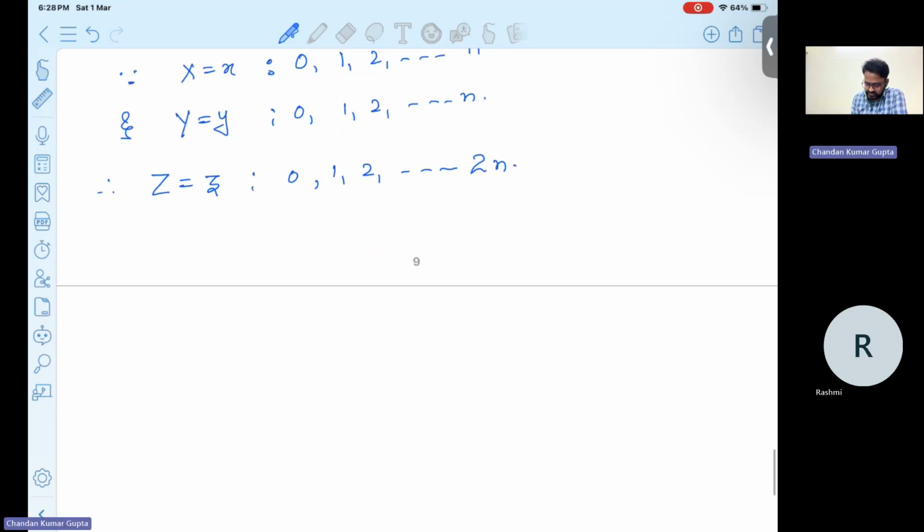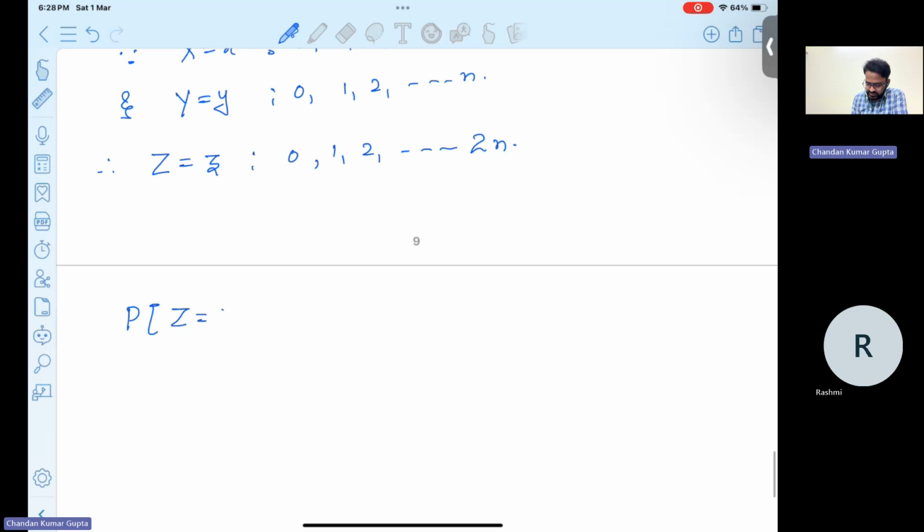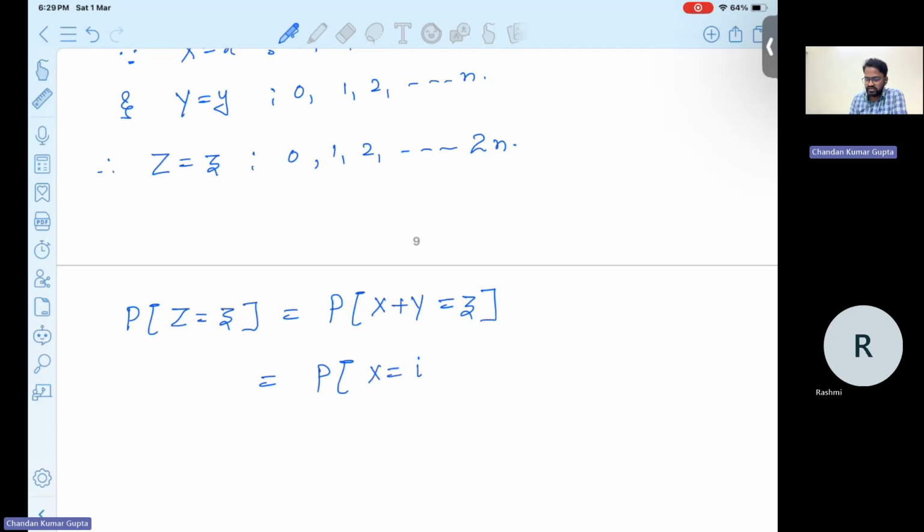So this is the probability that Z equals z. We can replace it by the probability that X plus Y equals z. Since it is a joint distribution, we can write the probability that X plus Y is z. That means if we consider a dummy I, X equals I, then Y equals z minus I, so that X plus Y equals z only.